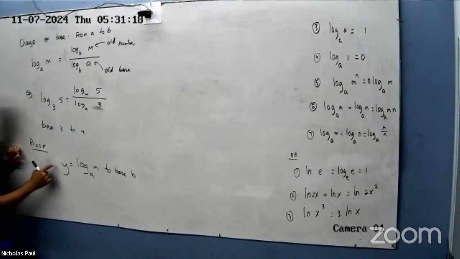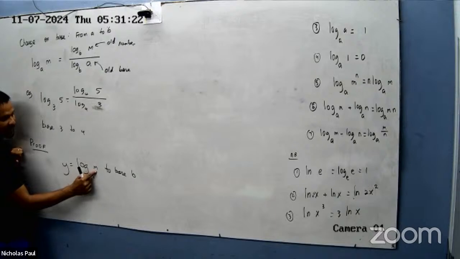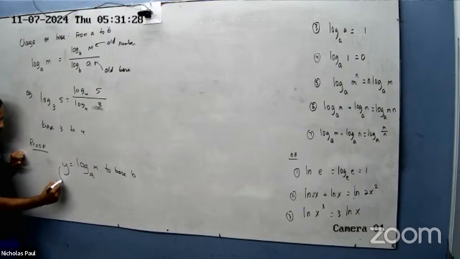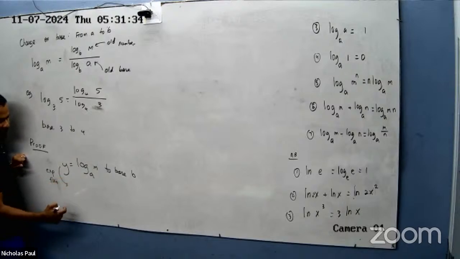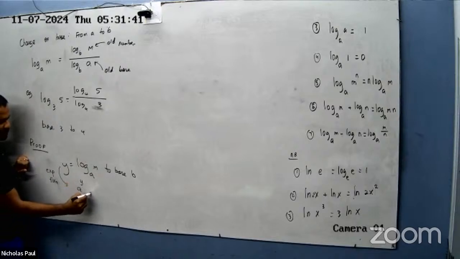Can I convert this to exponential form? If I convert this to exponential form, what would I get? a to the power of y is equal to m.